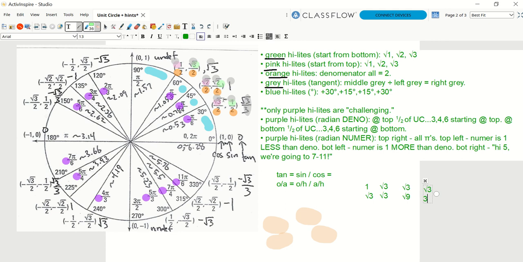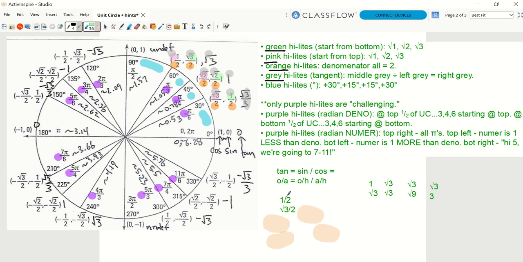The reason we divide is, again, going back to tangent being sine over cosine. Tangent is a third value, equal to this fraction divided by this fraction. When you divide 1 over 2 by root 3 over 2, the 2's cancel.